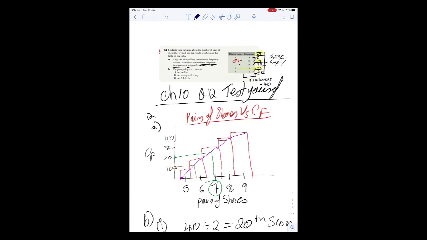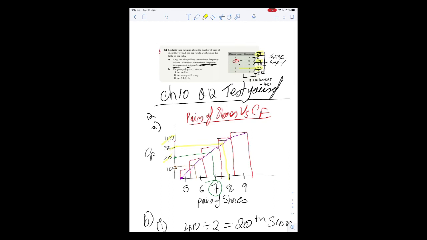Okay, but I always do it this way when I can, if I have time. But if you want to use your polygon, you want to show that you've used it. So I'm going to go down to halfway. Can you see? I'm just going to highlight it so you can see halfway between those two scores is actually here. And I'm going to go across, and I'm going to go down. Now, teachers want to see your marking.